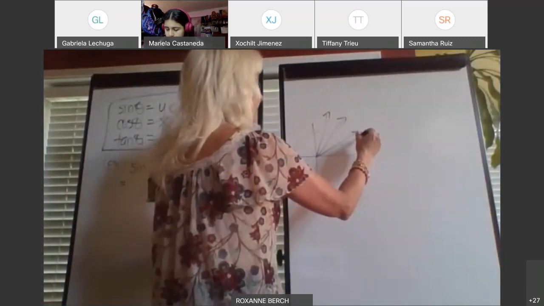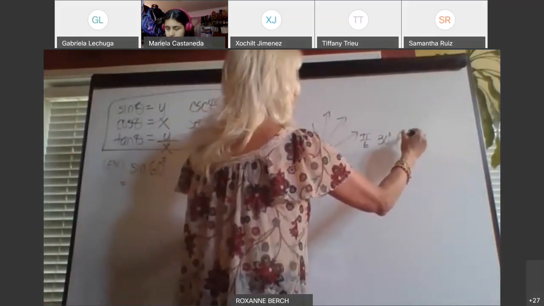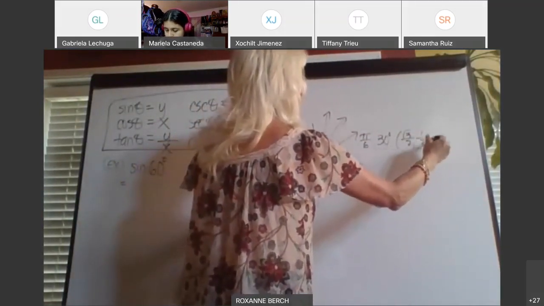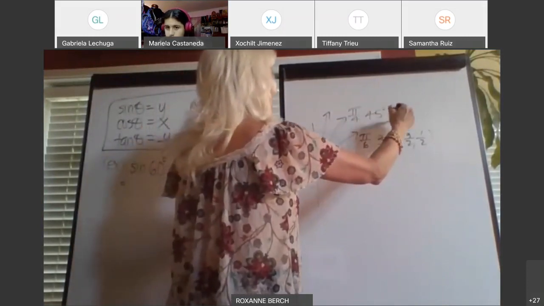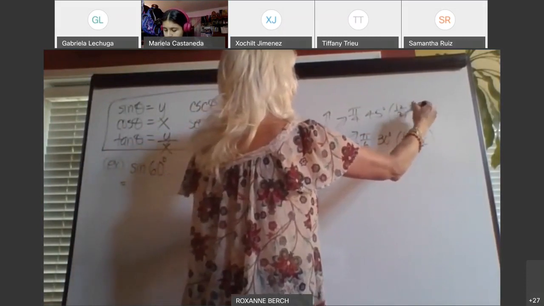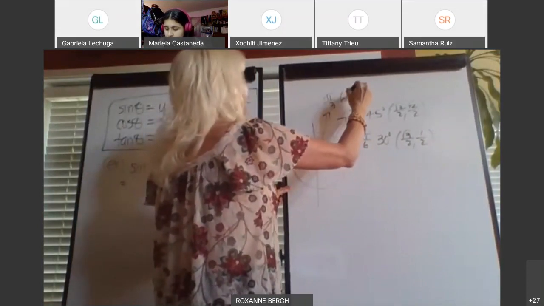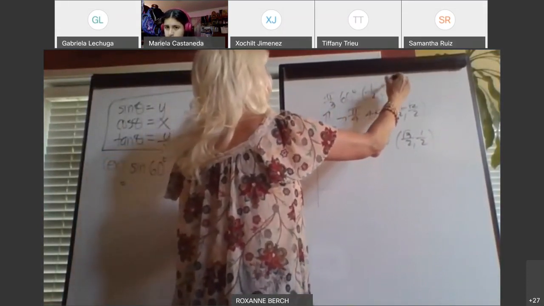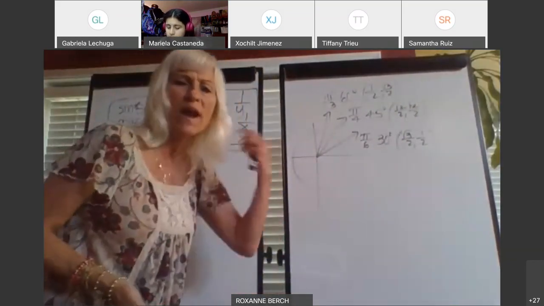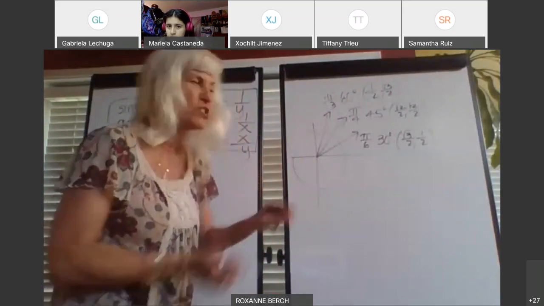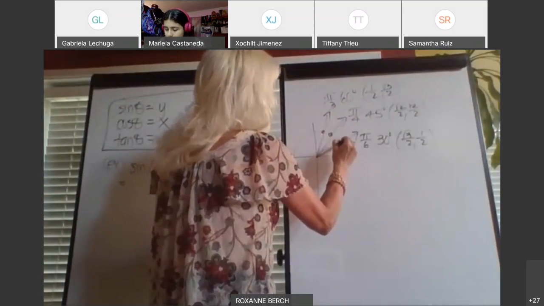So I would show pi over 6, 30 degrees, and the ordered pair, square root of 3 over 2 and 1/2; pi over 4, 45 degrees, square root of 2 over 2, square root of 2 over 2; and pi over 3, 60 degrees, 1/2, and square root of 3 over 2. Because since this is brand new to you, you don't want to have to try to keep it in your memory. You just want to see it. So those would be those points.